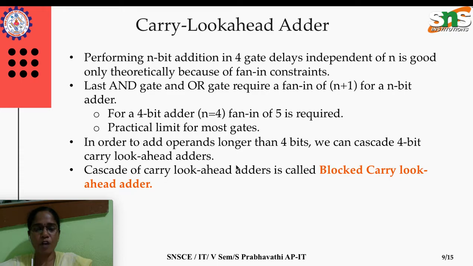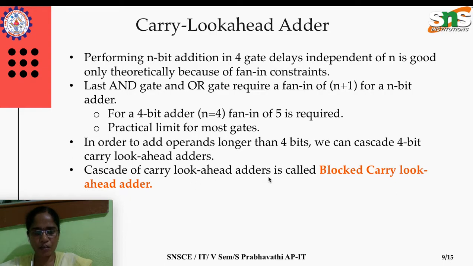So how to achieve 16 bit addition? Just as we have seen the 4 bit ripple carry adder, then the n bit ripple carry adder, likewise we are going to cascade this 4 bit carry look ahead adder to achieve 16 bit or 32 bit additions.